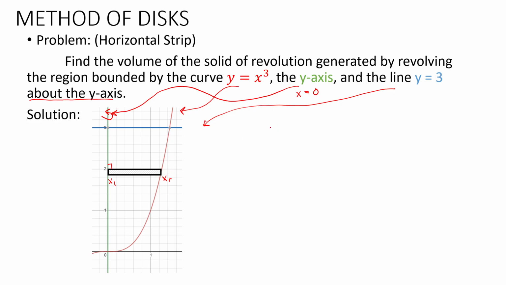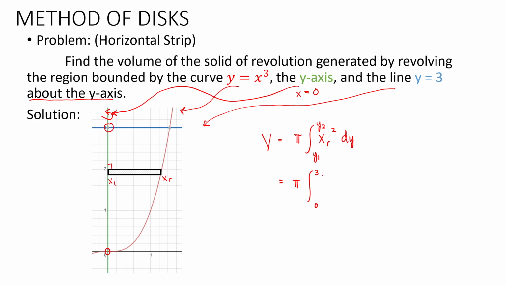So again by formula, if you don't want to derive the equation, you can directly use the formula presented. That will be pi times the integral of x right squared dy from y1 to y2. So this is pi, and the y limits are from 0 to 3.